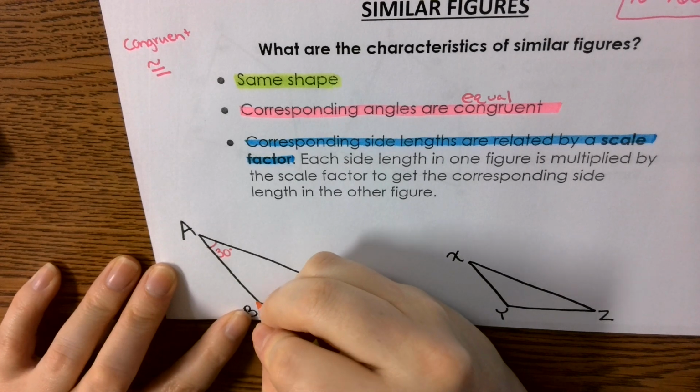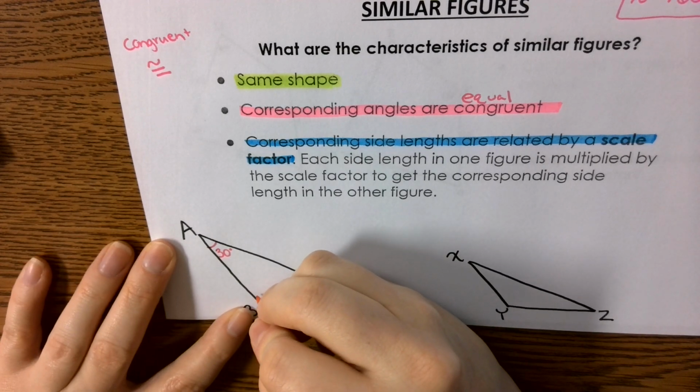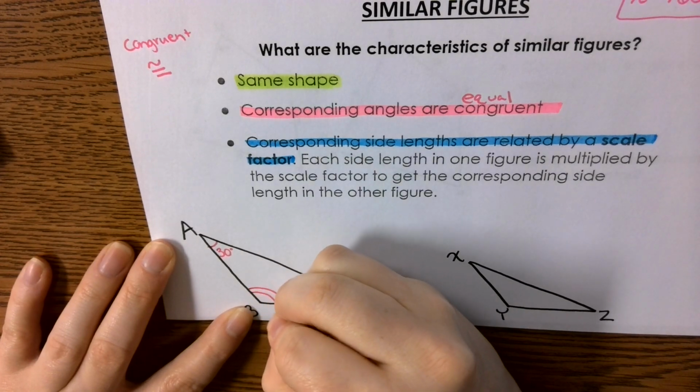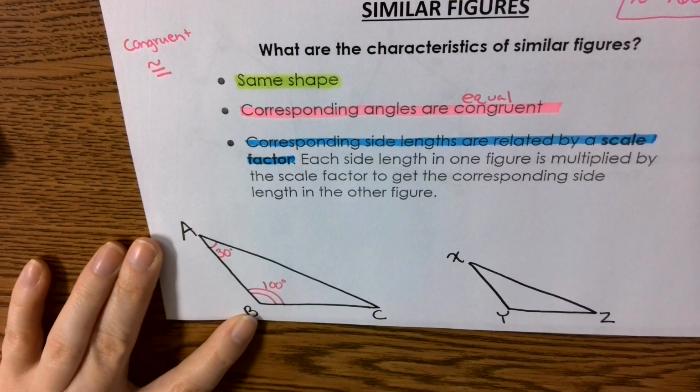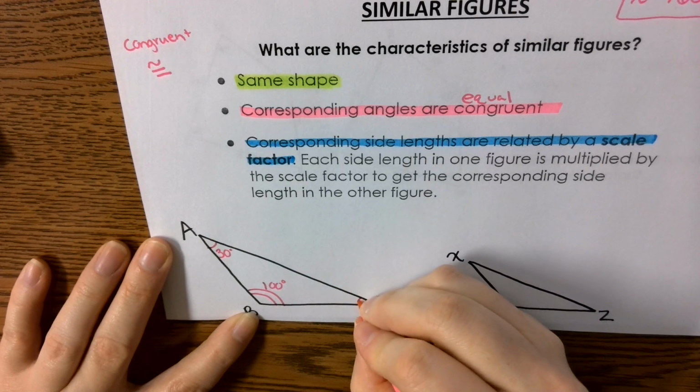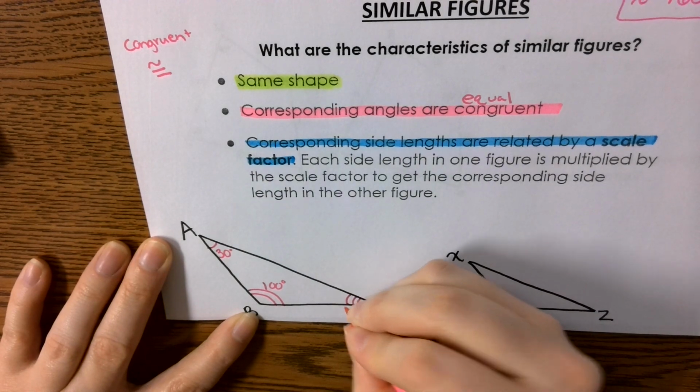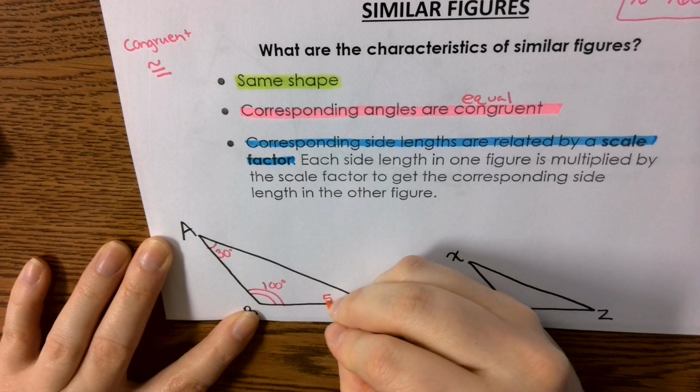Angle B is going to have a measurement of 100 degrees, and then angle C is going to have a measurement of 50 degrees.